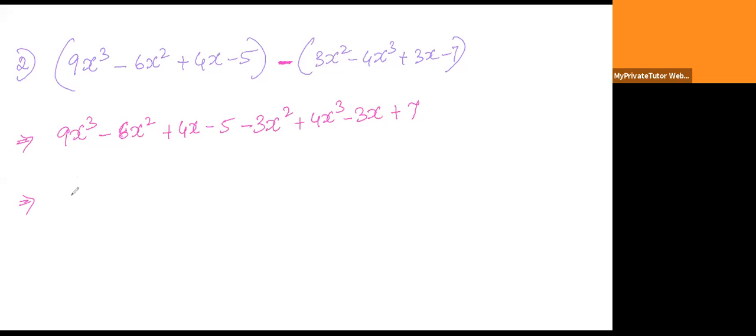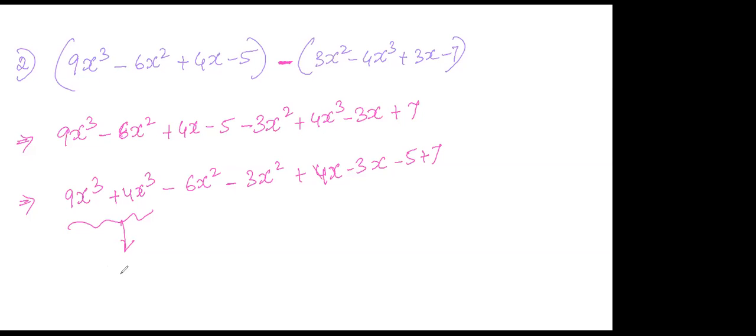Please combine like terms. We have 9x cube plus 4x cube. We have minus 6x square minus 3x square plus 4x minus 3x minus 5 plus 7. So please combine it, guys.